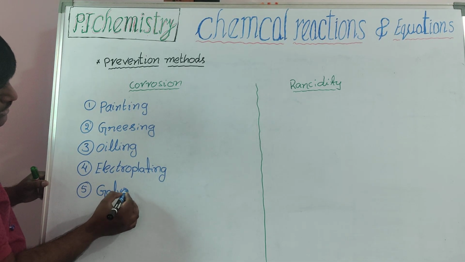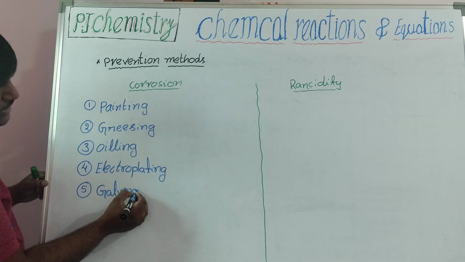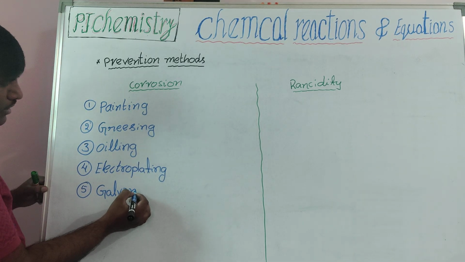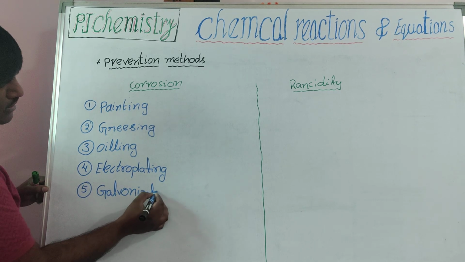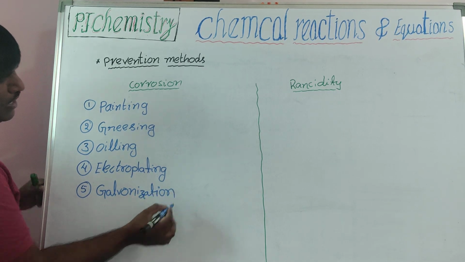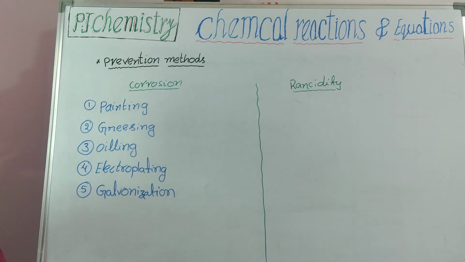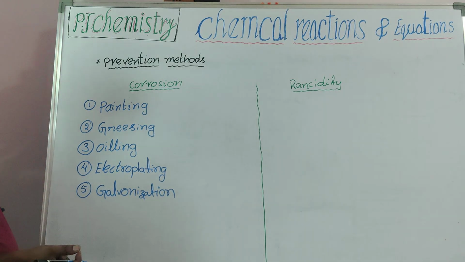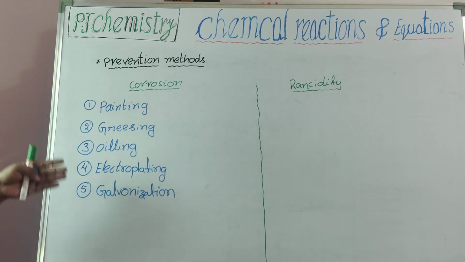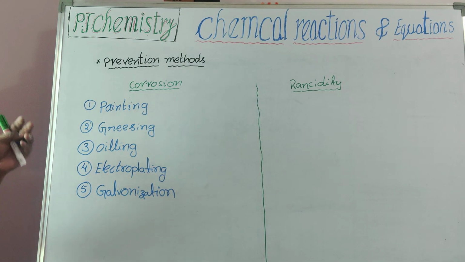What is meant by galvanization? Zinc painting on an iron article. Iron surface coated with a zinc layer, that is what we call galvanization. These are the main prevention methods for corrosion: painting, greasing, oiling, electroplating, galvanization.